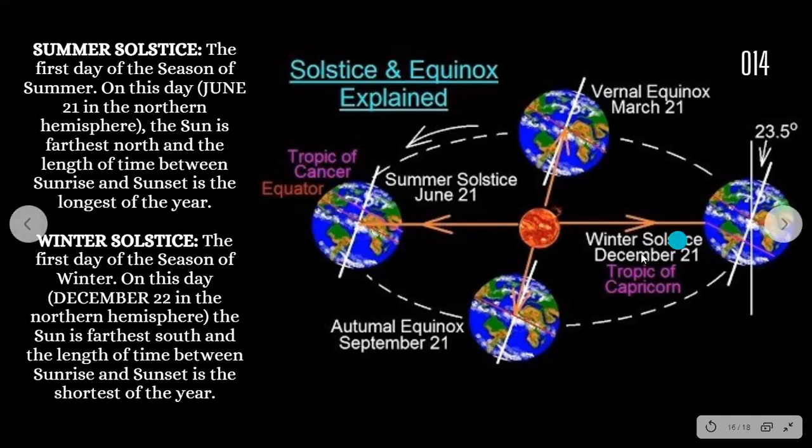similarly, what happens in the winter solstice is that places in the southern hemisphere experience the longest day and the shortest night. So in winter solstice, what comes, bache? The places in the southern hemisphere experience the longest day and the shortest night.